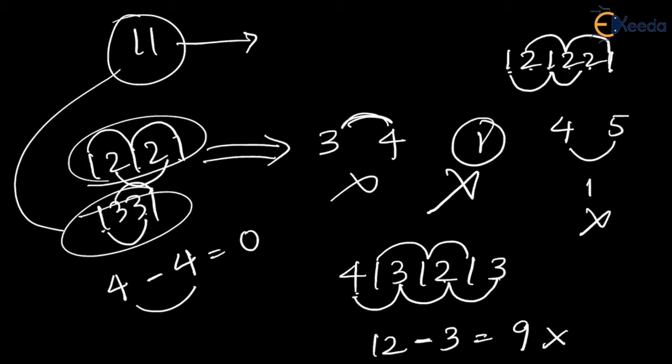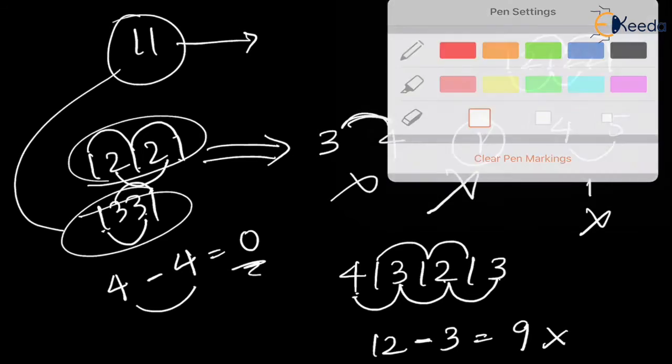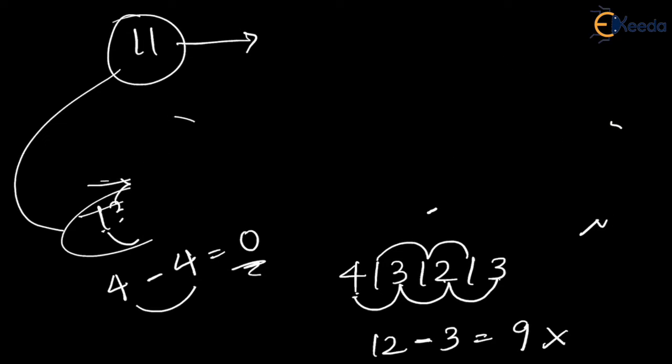So what should be the difference? The difference has to be 0 or a multiple of 11. Then only the number is divisible by 11. So let us write this.